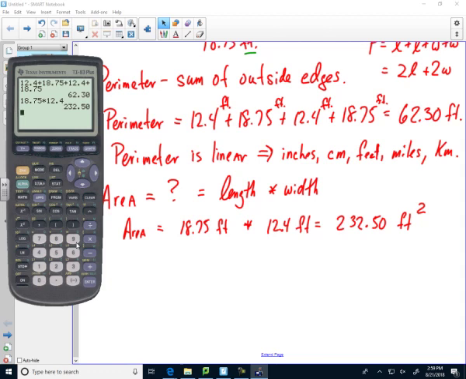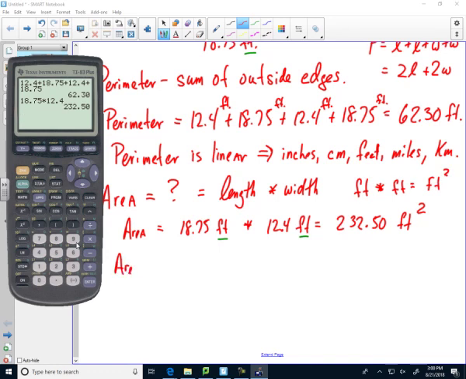What's that mean? Feet with a little 2 up above it there. What's that mean? It's feet squared. Why is it squared? Well, look, you're multiplying what by what? Feet by feet. So, feet multiplied by feet equals feet squared.